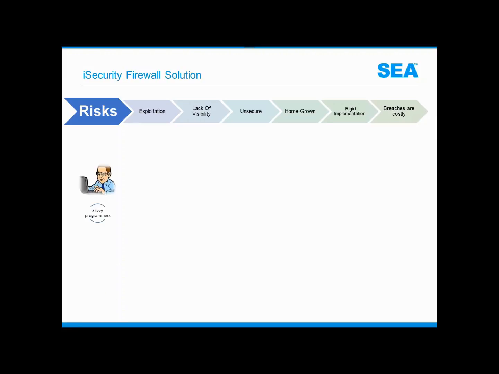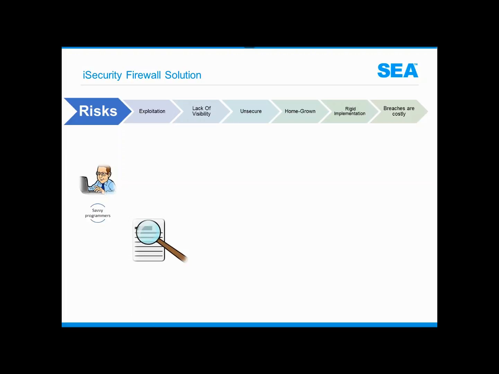Many savvy insiders, such as programmers and developers, can exploit those exit points from any remote connection, whether it's FTP, ODBC, SQL, or any kind of Windows or other platform that has access to the i, using the application that connects through these exit points.